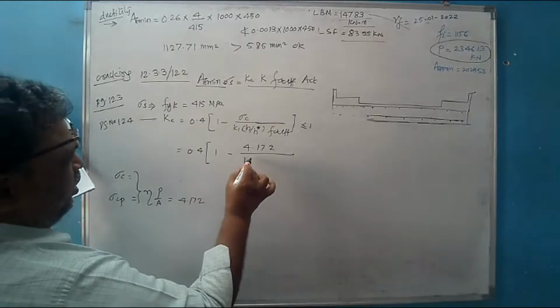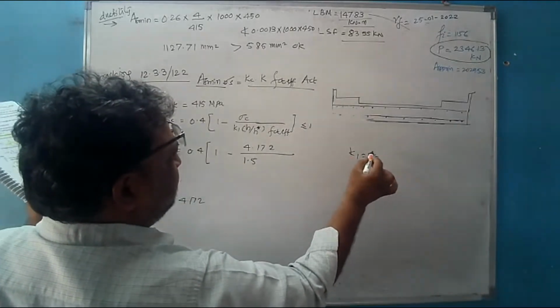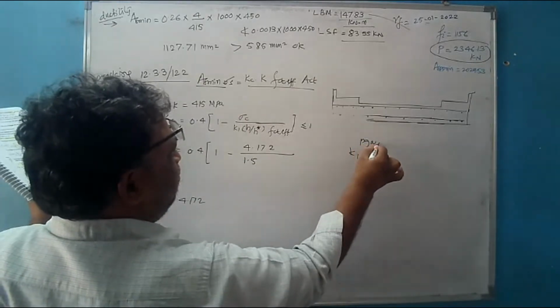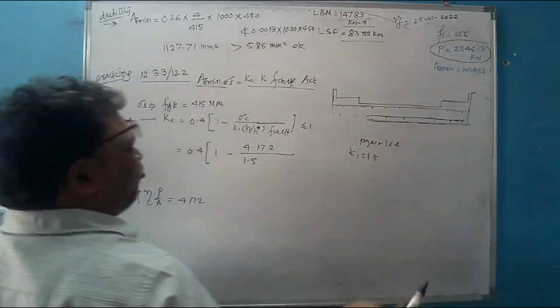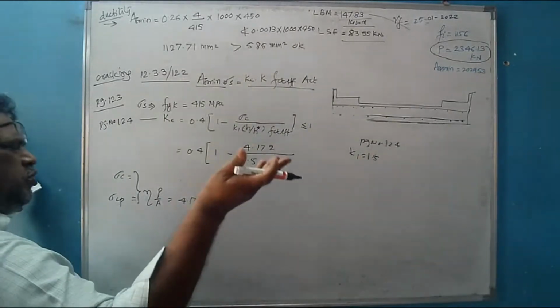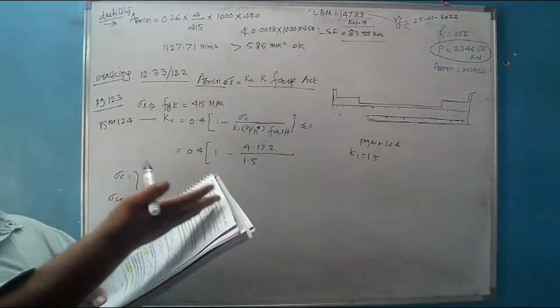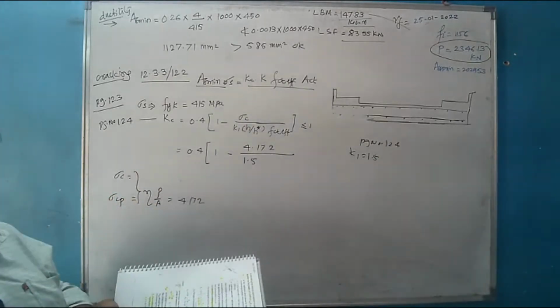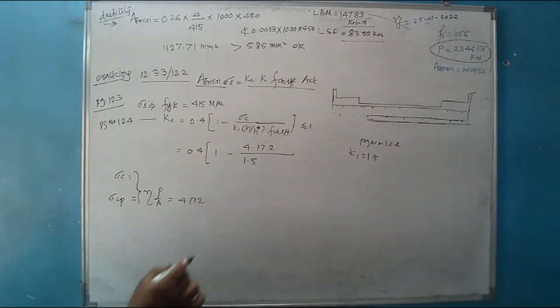So k1 is equal to 1.5, and this is given on page number 124. All this is defined here, nothing new, not a very difficult task. All these equations are available, all notations are defined. You should understand the notation and how to use it.